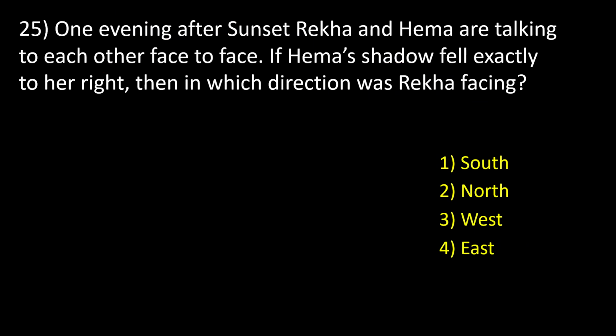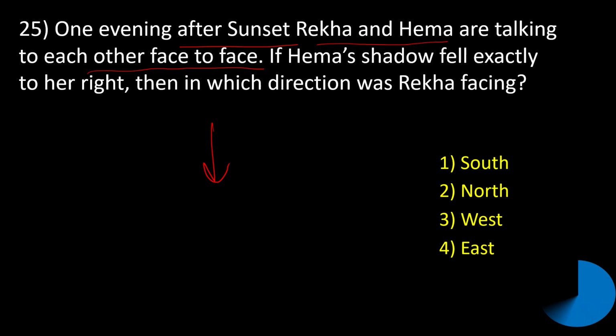25th question on your screen and your timer starts now. One evening after sunset, Rekha and Hema are talking to each other face to face. Face to face means if this is Rekha and this is Hema.